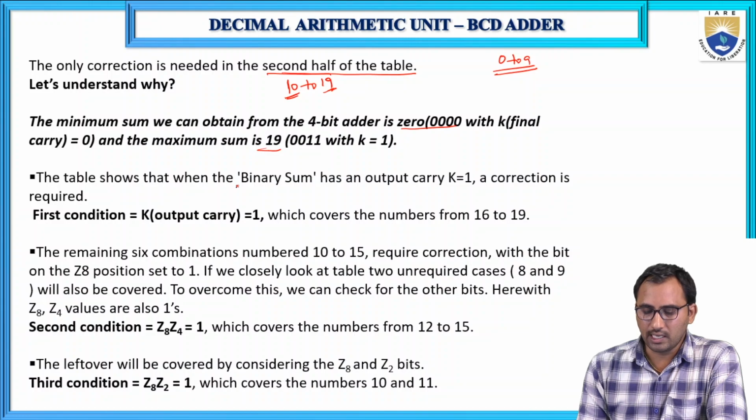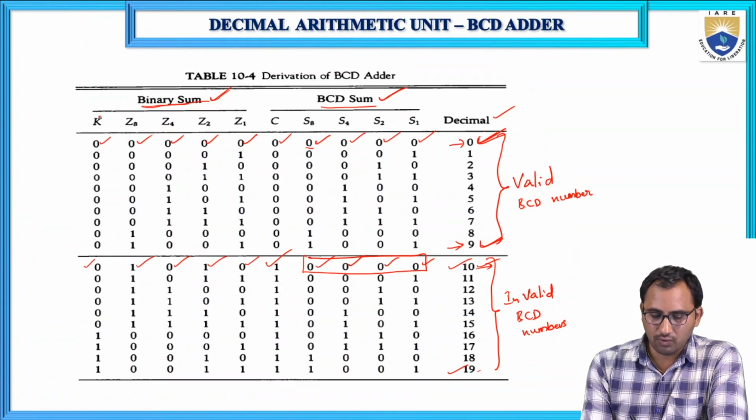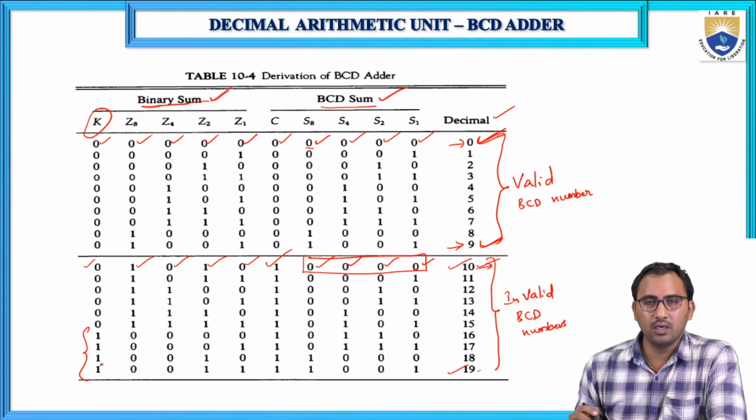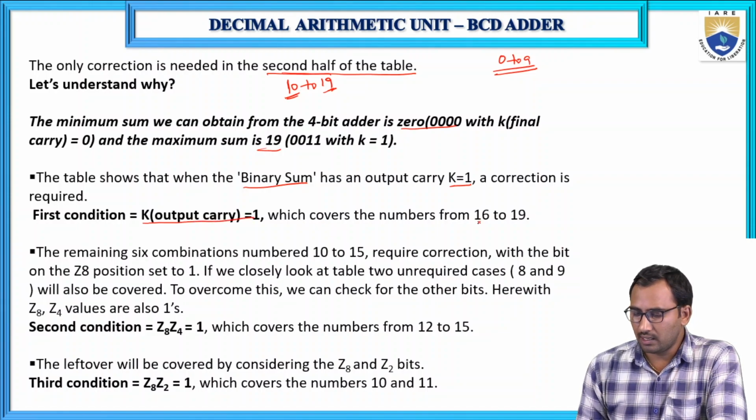So the table shows that when the binary sum has an output carry K equal to 1, the correction is needed. Suppose in a binary sum, if K is equal to 1, then the output will require a correction. So the first condition is output carry K equal to 1, which covers the numbers from 16 to 19.